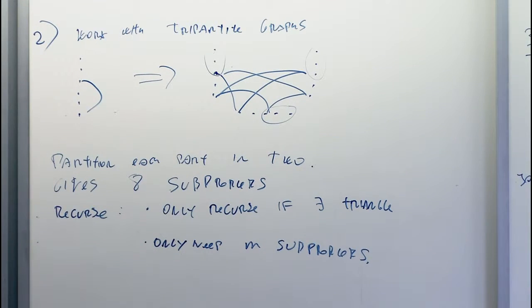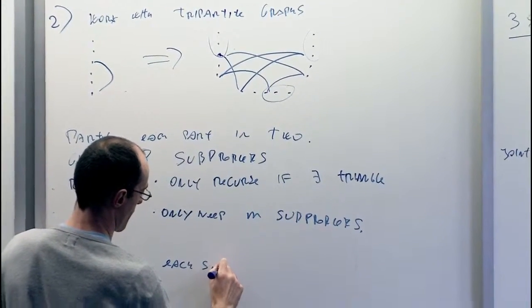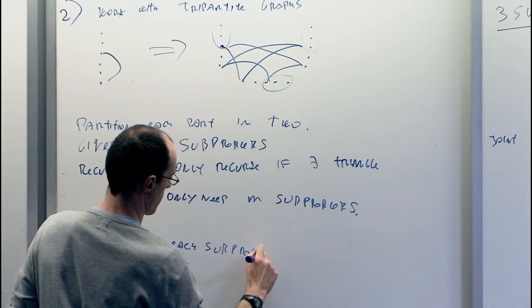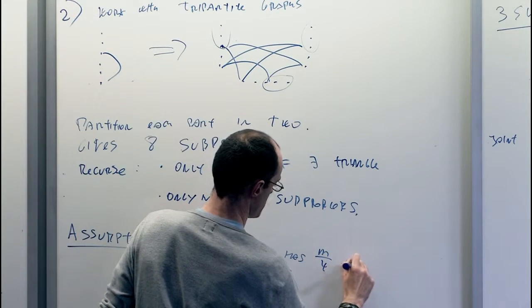Now I'm going to make an assumption and then tell you how the proof will be finished under the assumption. Let me assume that each subproblem has m over 4 edges.